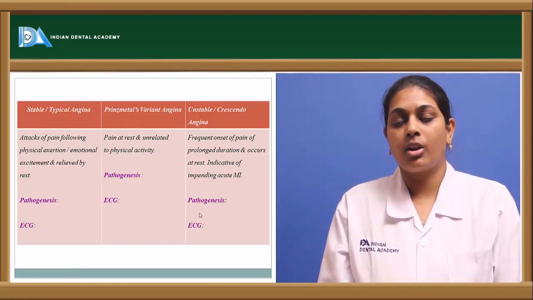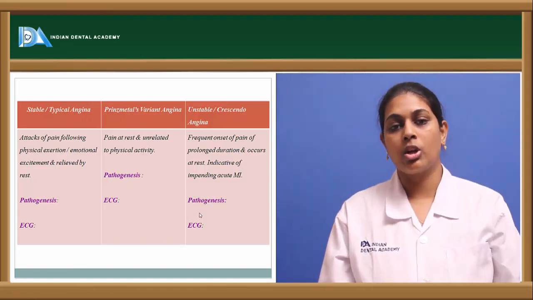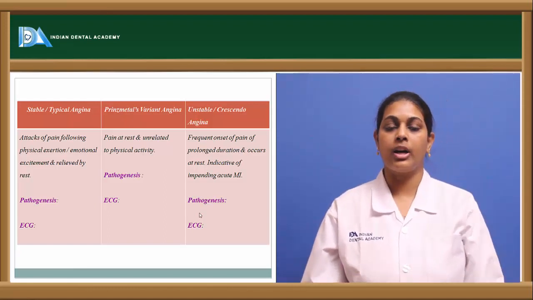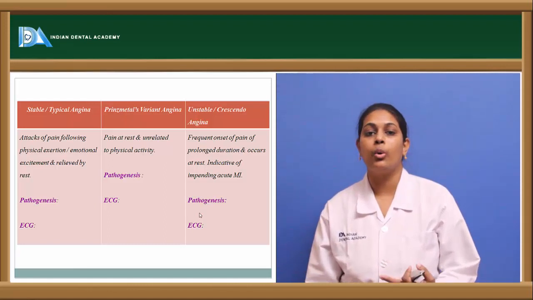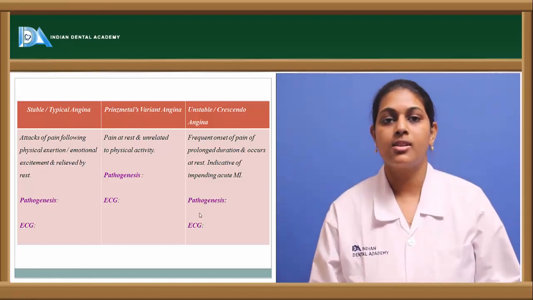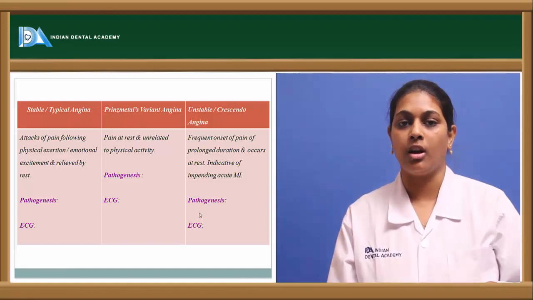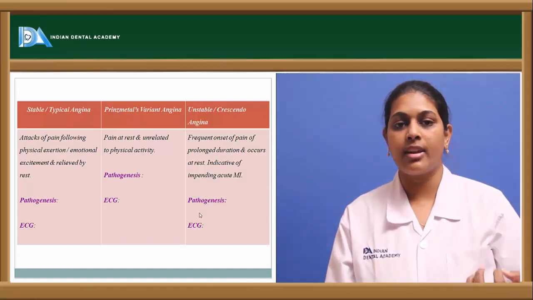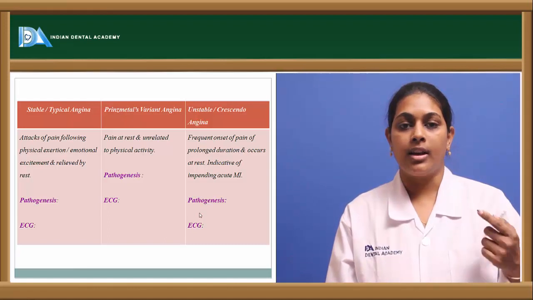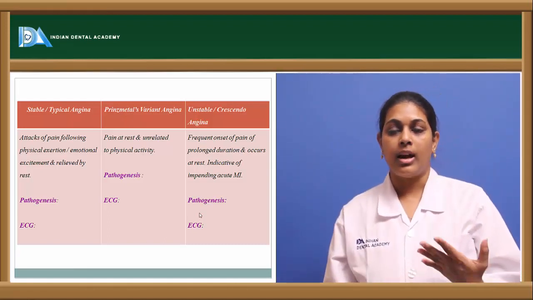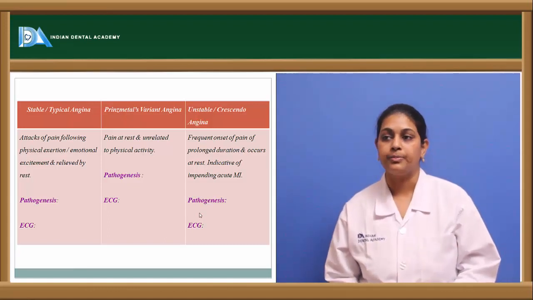The pathogenesis includes the stenosing coronary atherosclerosis resulting in reduced perfusion of the myocardium. This will in turn result in overworkload of the myocardium. So this is the pathogenesis of stable typical angina. And coming to the changes in ECG, we see that the ST segment of the ECG is usually depressed in this type of clinical pattern.